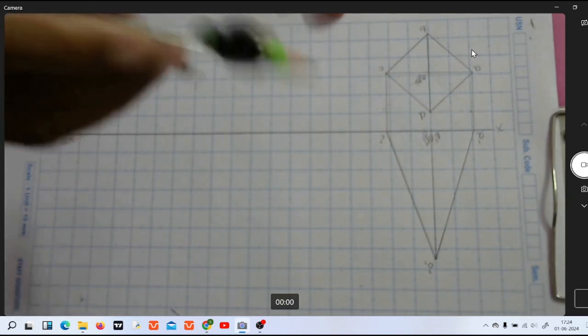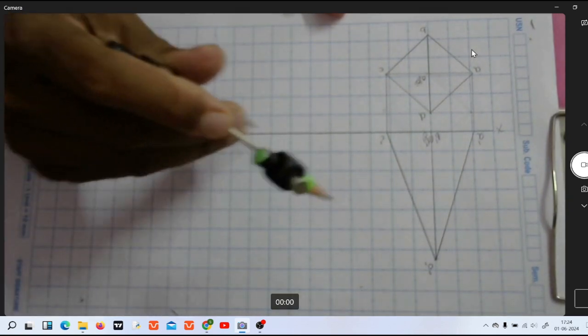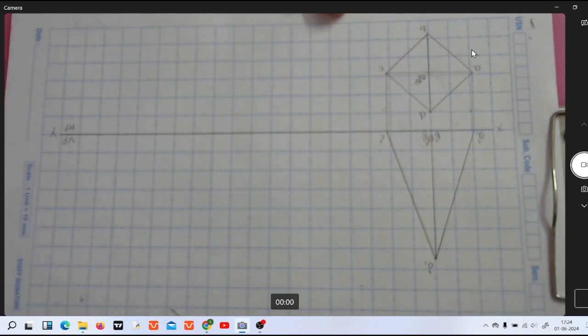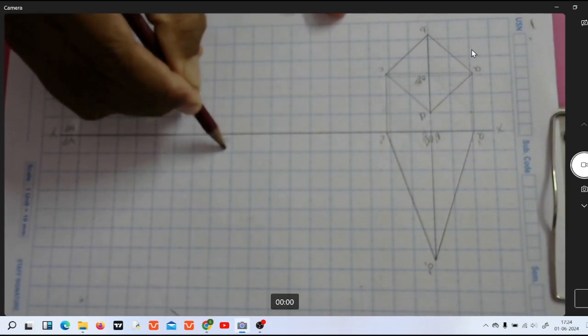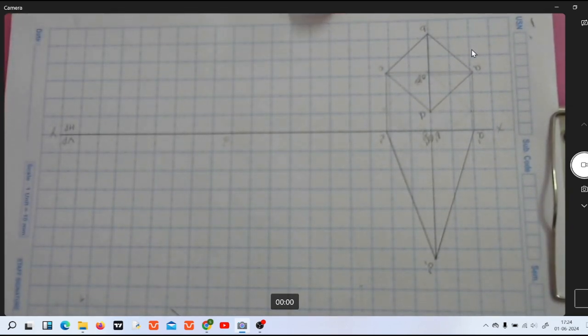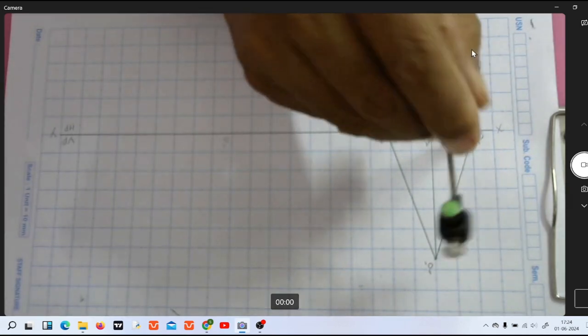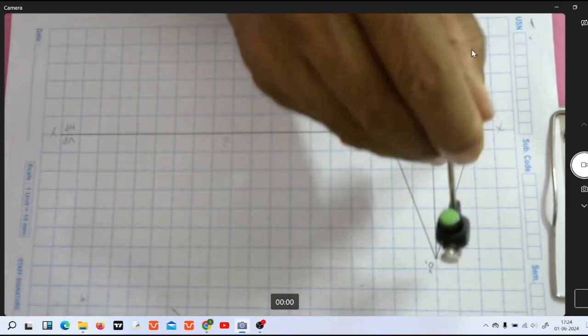Now let us keep a point here. Now I will mark a point. So what point is it? I am going to mark it here as A dash. Now keeping A dash as a reference point, I will measure once again here, O1 dash.